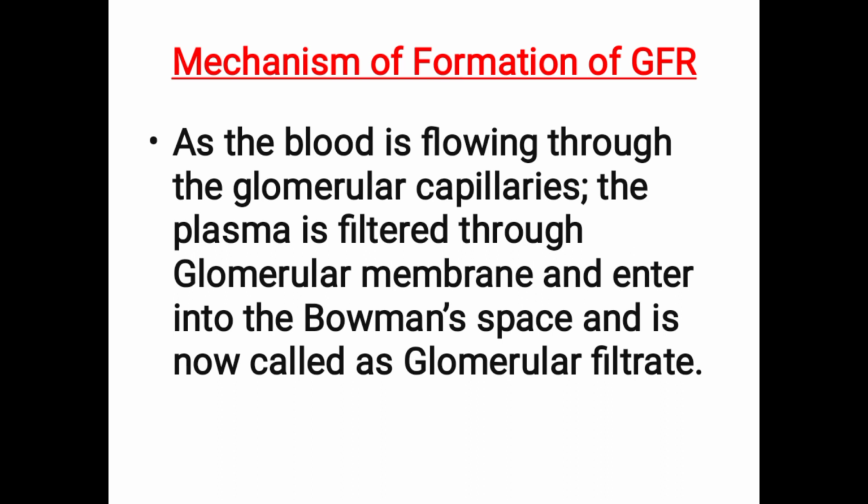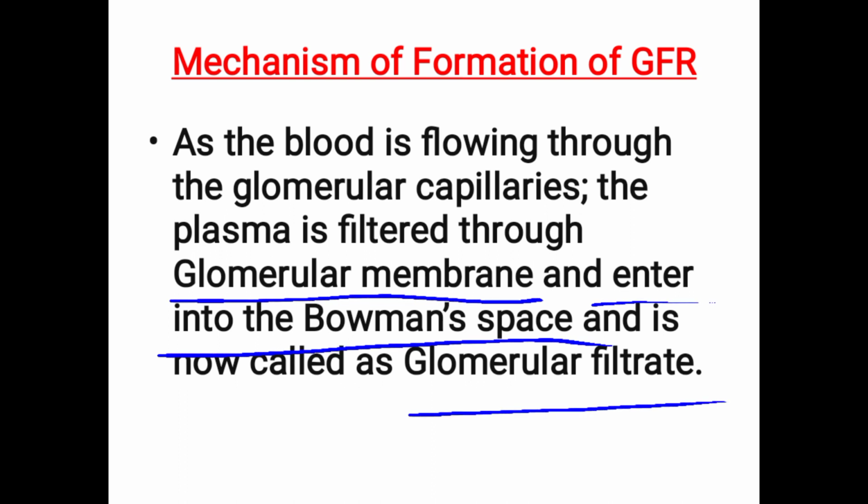Mechanism of formation of GFR: as the blood flows through the glomerular capillaries, the plasma is filtered through the glomerular membrane and enters the Bowman space, and it is called glomerular filtrate.